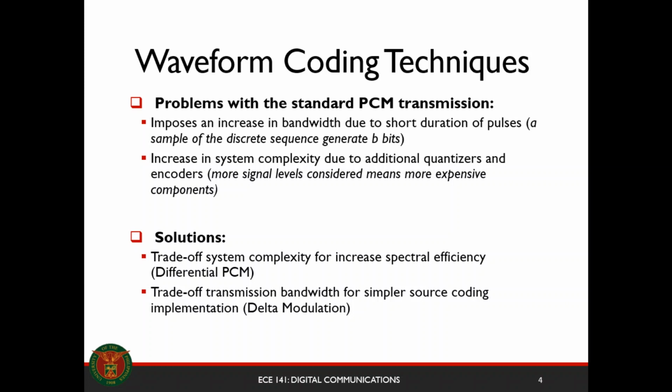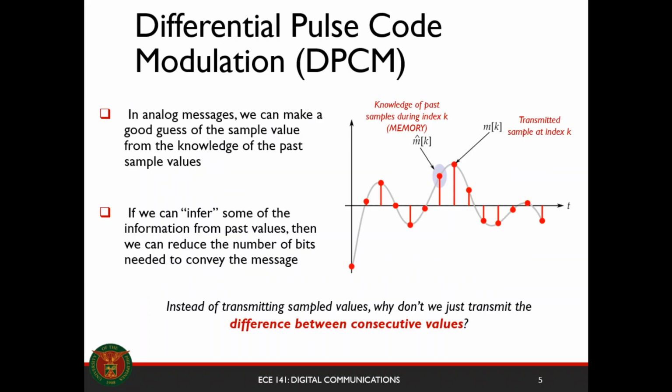Right? So differential pulse code modulation is actually from the preliminary idea that our analog signals can be guessed. It can be guessed depending on the current and past values of the signal.